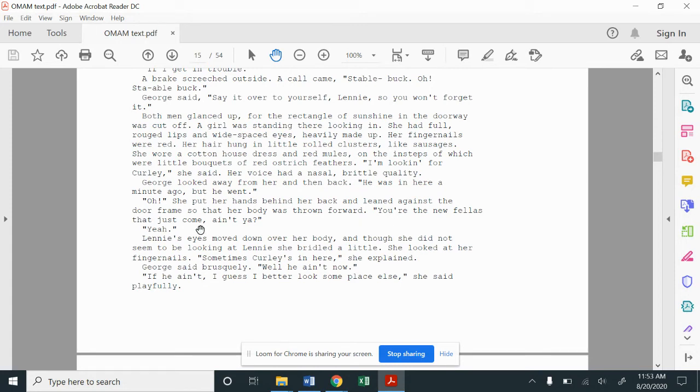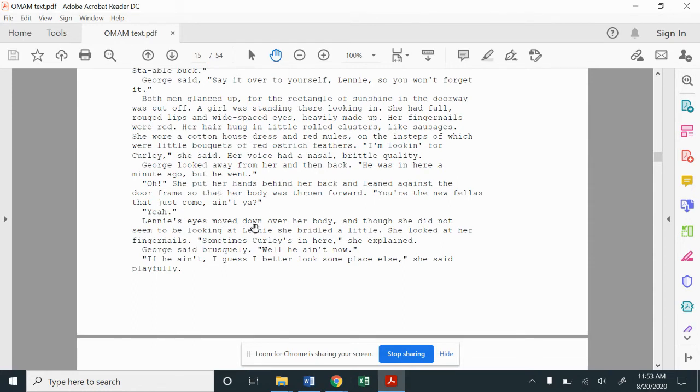'You're the new fellas that just come, ain't ya?' 'Yeah.' Lennie's eyes moved down over her body, and though she did not seem to be looking at Lennie, she bridled a little. She looked at her fingernails. 'Sometimes Curly's in here,' she explained." And George said brusquely, "Well, he ain't now."